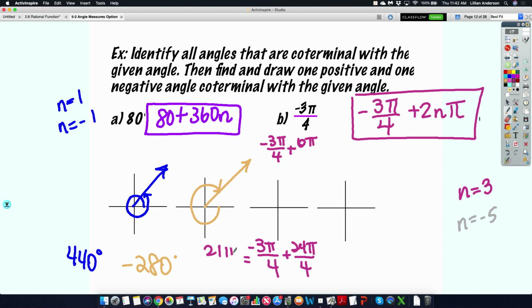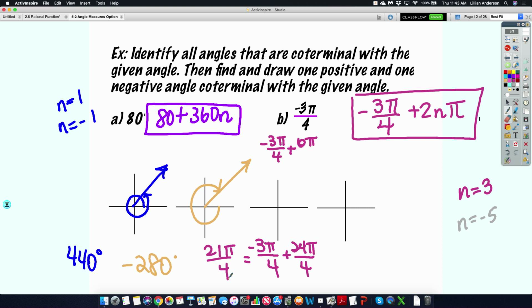So 21 pi over 4 represents the positive coterminal angle when I've gone around 3 times in the counterclockwise direction. I always mix them up, so I apologize.